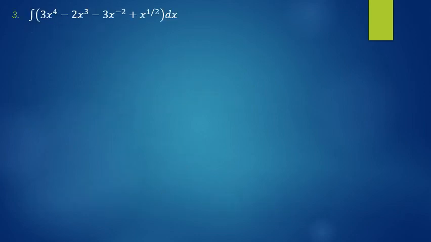Last example. So let's have 3x to the power 4 minus 2x cubed minus 3x to the power negative 2 plus x to the power 1 half. So again, x to the power 4, we will get x to the power 5 over 5. And then the integral of x cubed is x to the 4 all over 4.